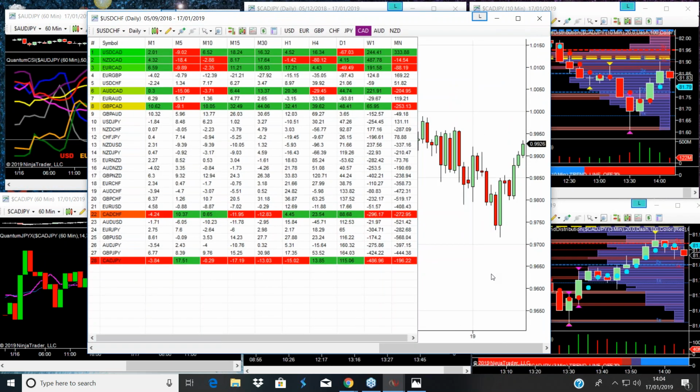But this is where one of the other indicators comes into play, and this is the heat map, and this changes dynamically. It's been designed not only to give you a ranking on which of the 28 pairs are performing most strongly, either being bought strongly or being sold heavily, because they help us look for potential reversals. But when you're in a trade, it's also a great indicator for monitoring.